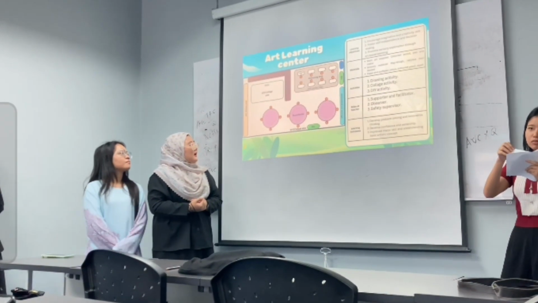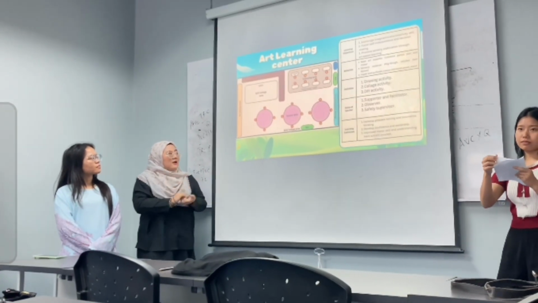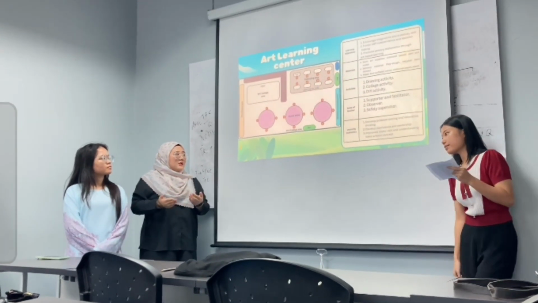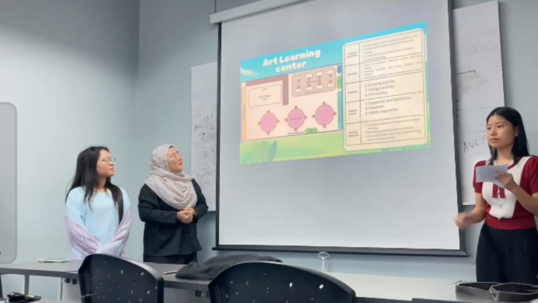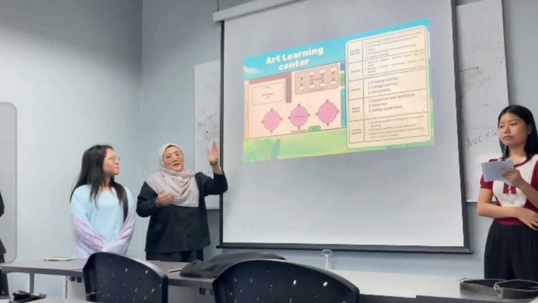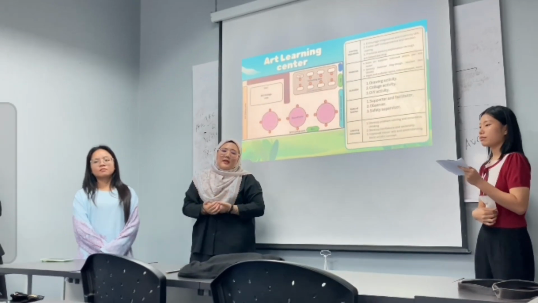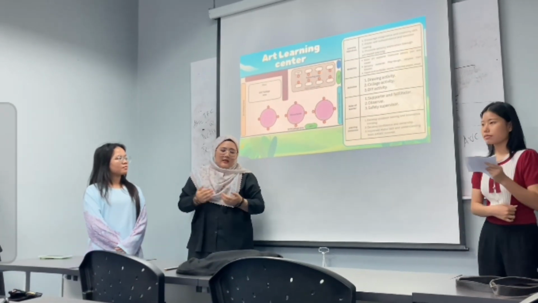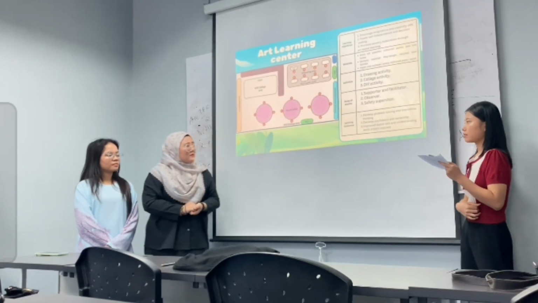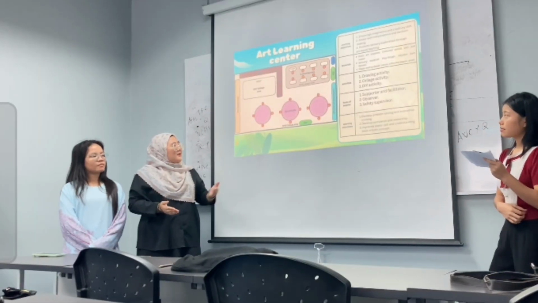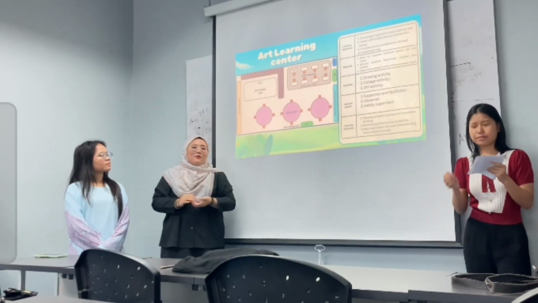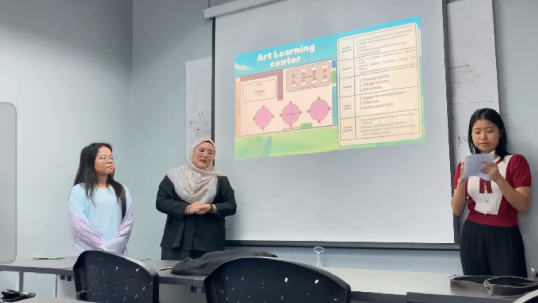And the second one, the DIY or do-it-yourself, or collage area. In these two areas, we give students choices where they can do whatever activity is related to arts. For example, in this area, let's say they want to do a collage activity.